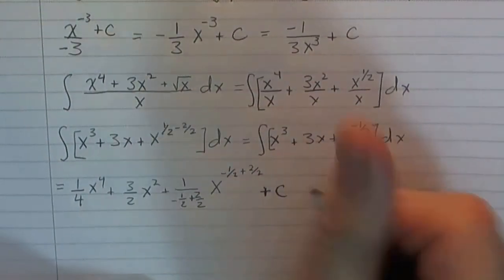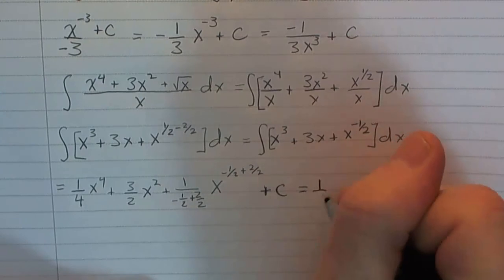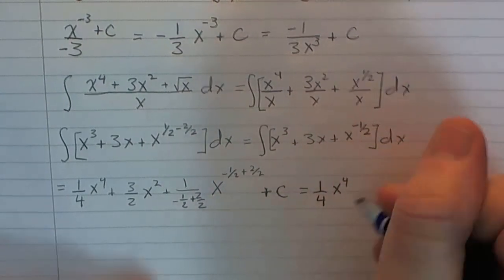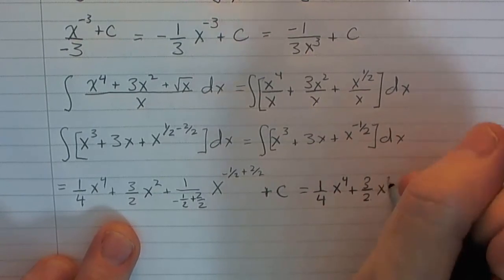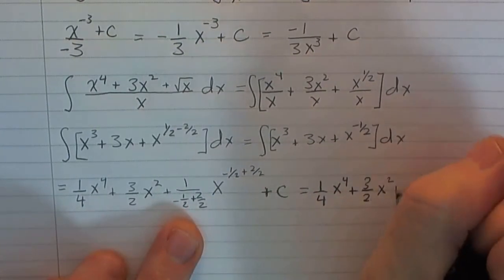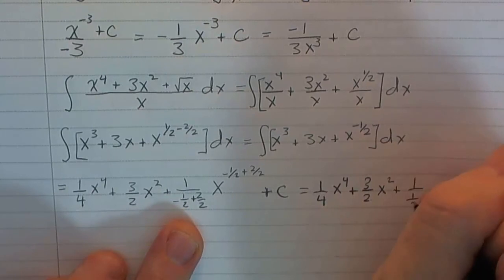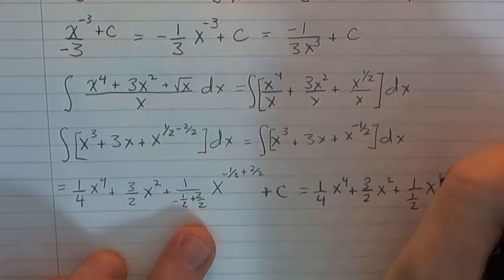So let's see what we've got here. We've got 1/4 x to the 4th plus 3/2 x squared plus 1 over 1/2 x to the 1/2.